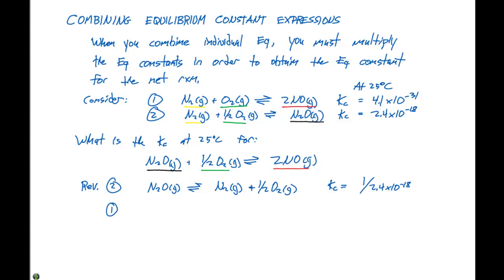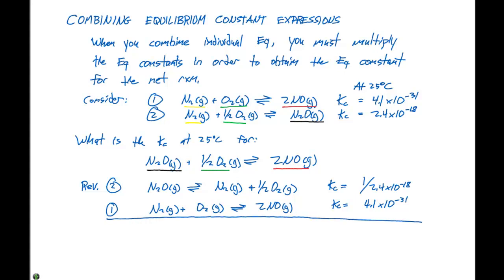The first reaction then is N2 gas plus O2 gas in equilibrium with 2NO gas, so the Kc of this is 4.1 times 10 to the minus 31. Now we need to add these two together. The nitrogens are going to cancel out.